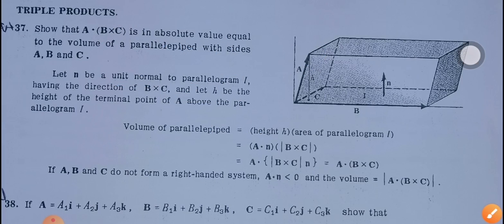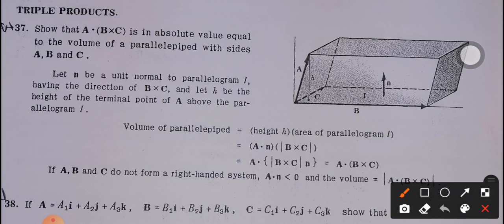On similar lines, I'm going to take the dot product of this vector a in the direction of this vector n, because this perpendicular distance will be equal to the y component, or the second component if this is the y-axis, and for that one I take the dot product with unit vector j. But right now it is not the ijk system, so I have to take the dot product with this unit vector n.